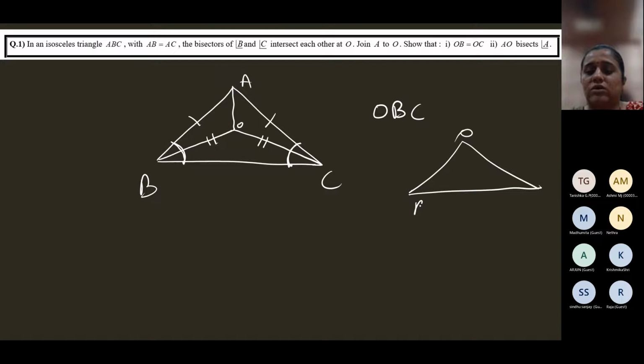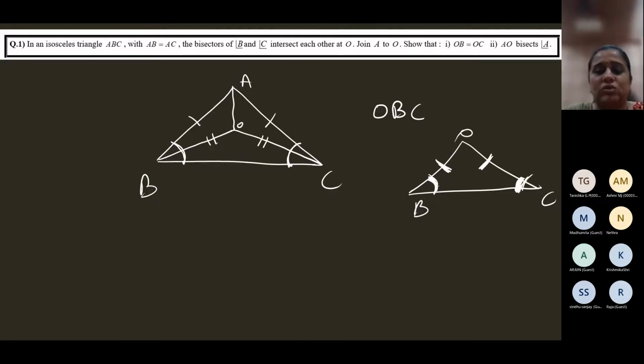If you prove that this angle is equal to this angle, the side opposite to angle C is OB. The side opposite to angle B is OC.